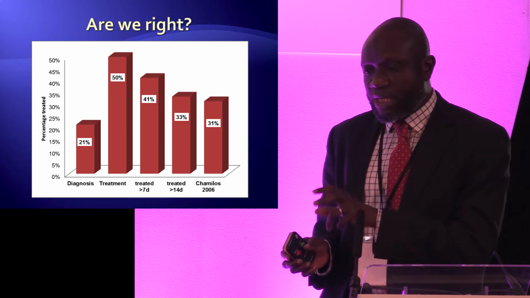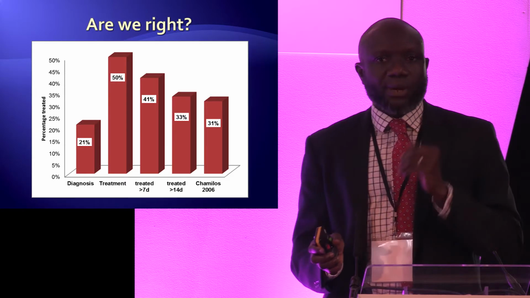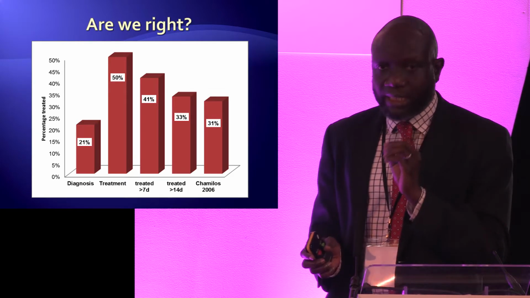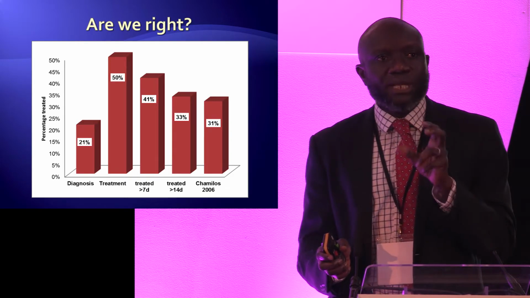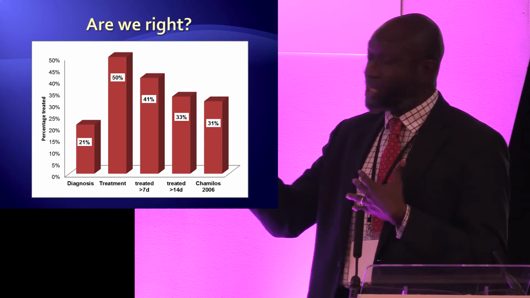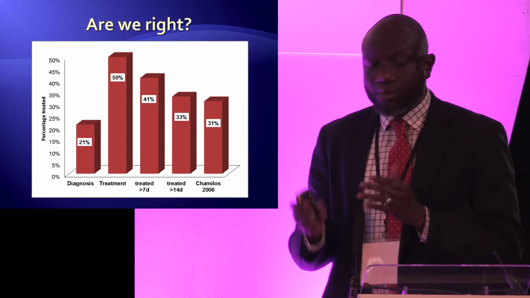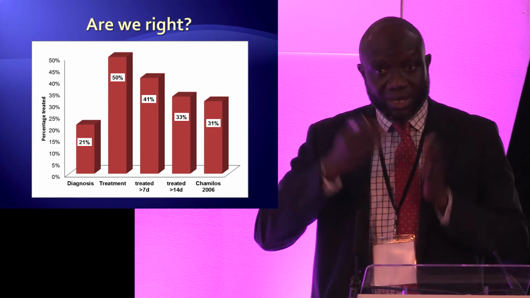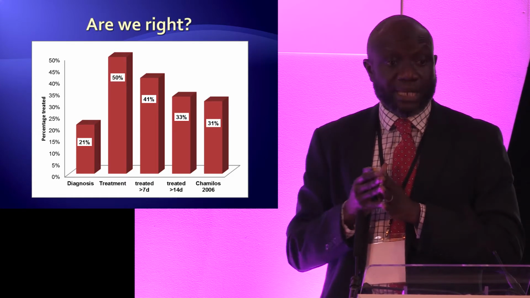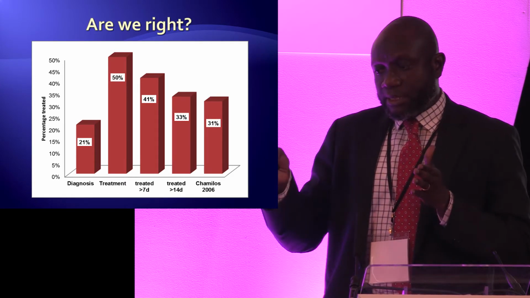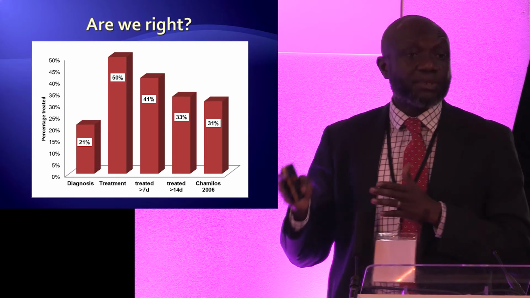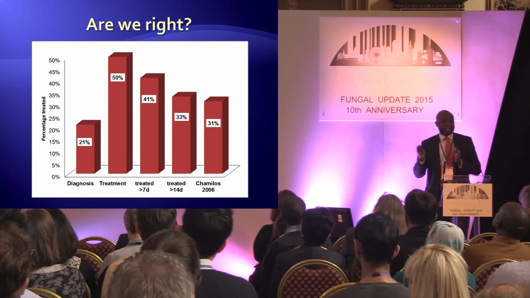I suppose one of the key questions is that although we all talk about the different incidence of fungal infection in our centers, what is not quite clear to the majority of us is how many patients we are actually treating for fungal infection. So in our center, as I said, we had 21% incidence of fungal infection, but 50% of our patients, that cohort that we studied, had treatment with antifungal agents at some point. 41% were treated for more than 7 days, and 33% were treated for more than 2 weeks.